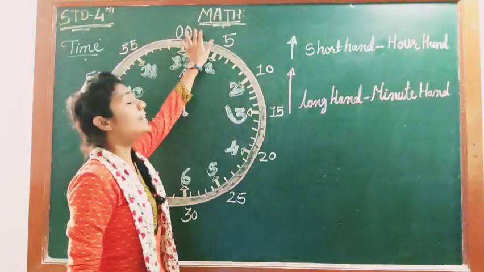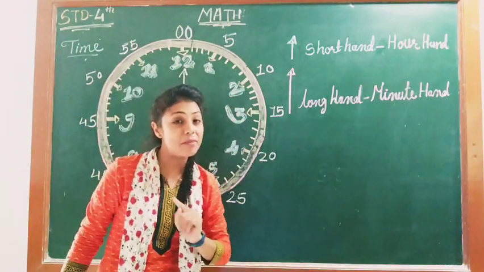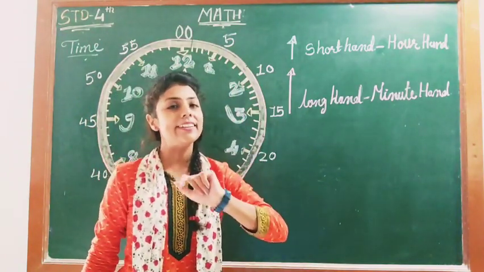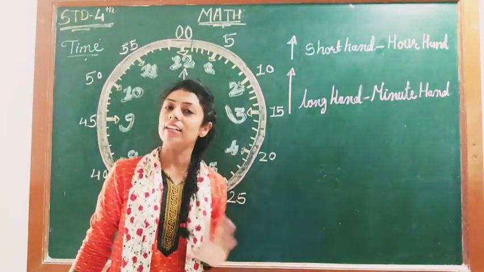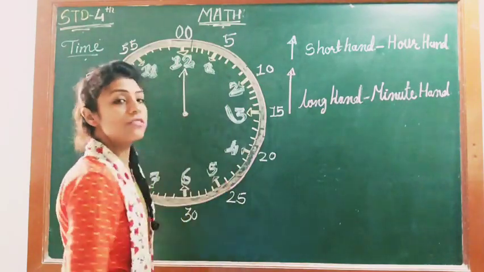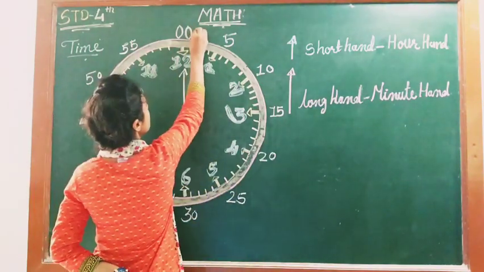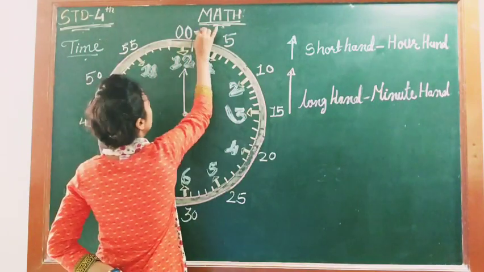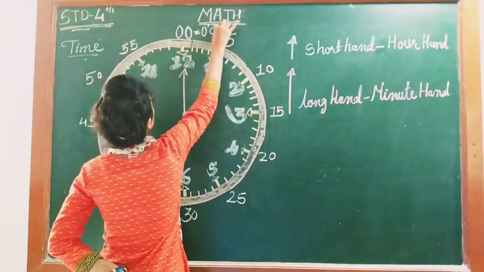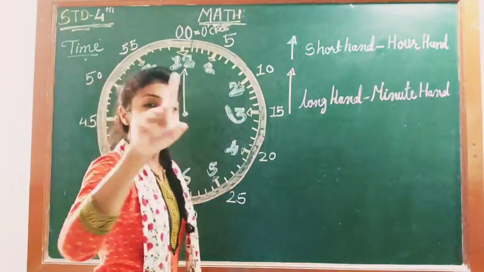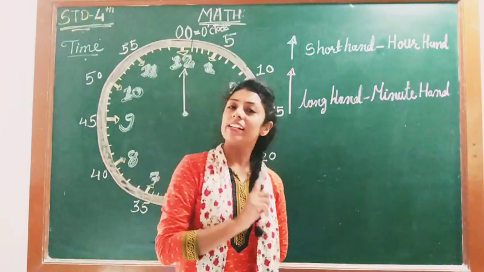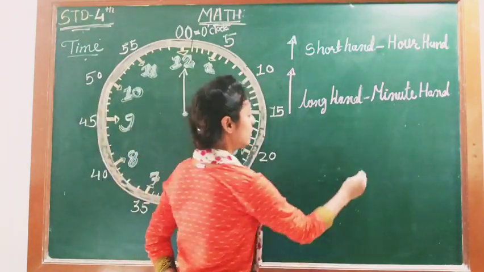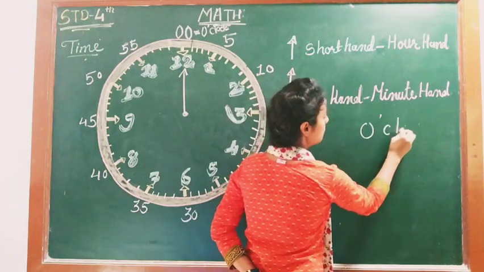We never write 60 here because 60 minutes means 1 hour is completed. So instead of 60 minutes, we never write 60. It is equal to o'clock. O'clock means full 60 minutes. So we will write here o'clock.